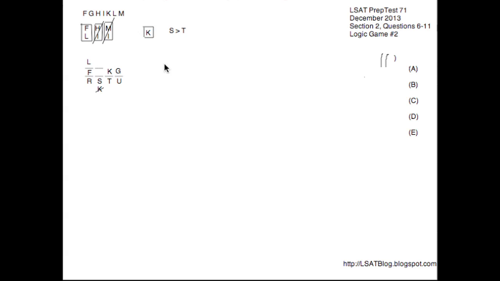So therefore, I will have to go somewhere else, and M and H will have to fill those spaces on S. So aside from F, we can count 5 other variables, L, M, H, K, G, that we are able to determine. So the answer to this question is E, 5.